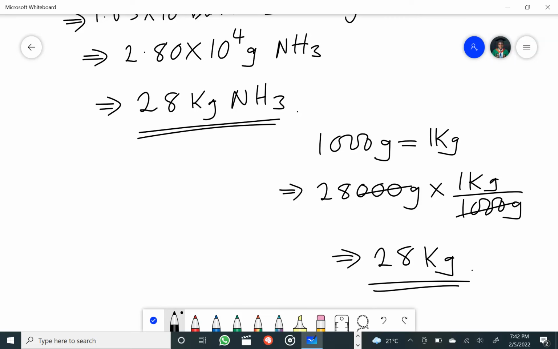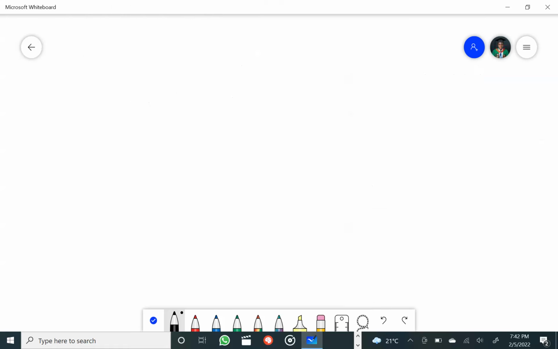So basically, you see how you use the limiting reactant to figure out the amount of product. Just take note of that error that I was making with the moles of hydrogen earlier on, but the concept still remains the same. So that's one way in which we can figure out the limiting reactant.